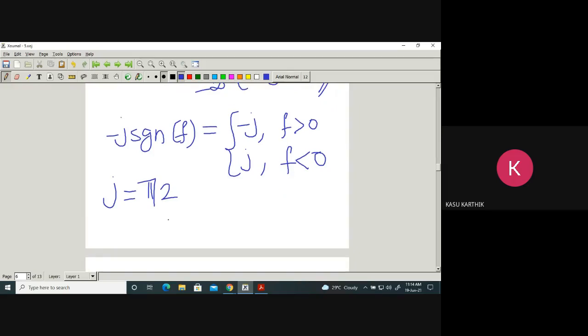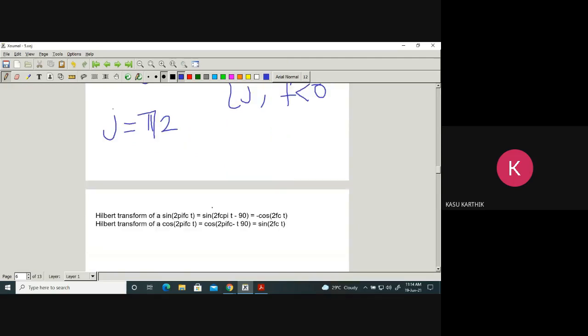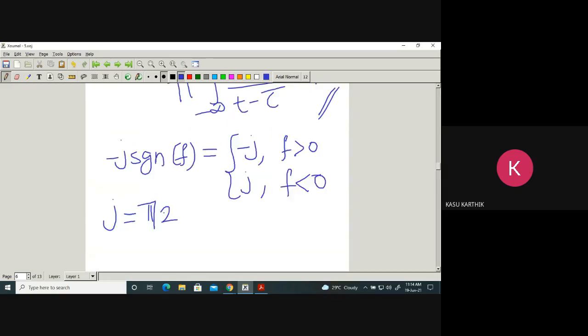So mathematically, what do we say? Minus pi by 2 for positive frequencies and pi by 2 for negative frequencies. This is the job of the Hilbert transform. It is providing a phase shift of minus pi by 2 for positive frequencies, a phase shift of pi by 2 for negative frequencies.